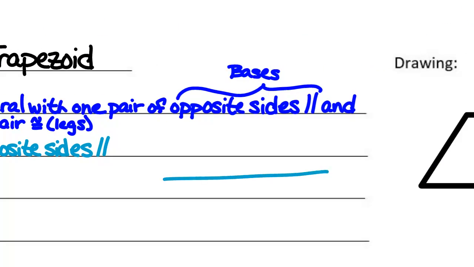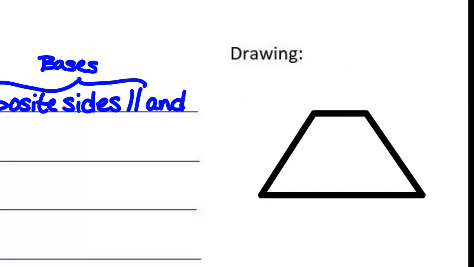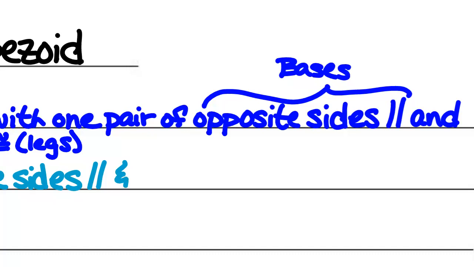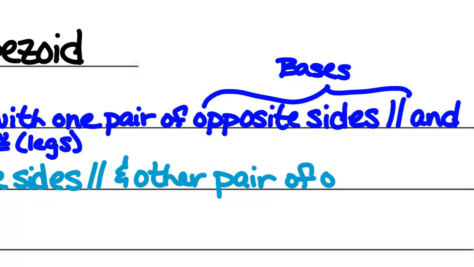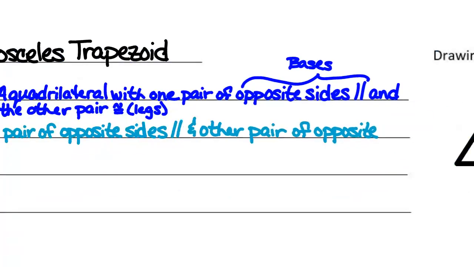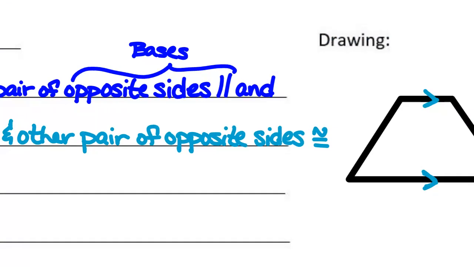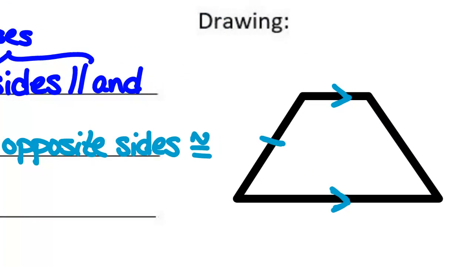So in the case of this particular picture, that would be the top and the bottom. And the other pair of opposite sides is congruent. Those are the legs. So this side and this side.